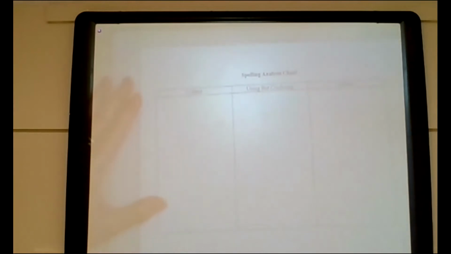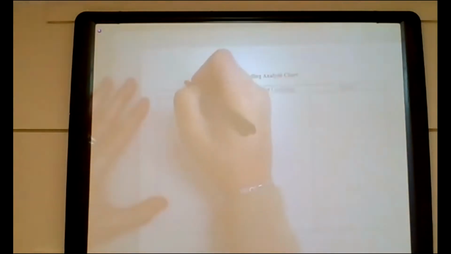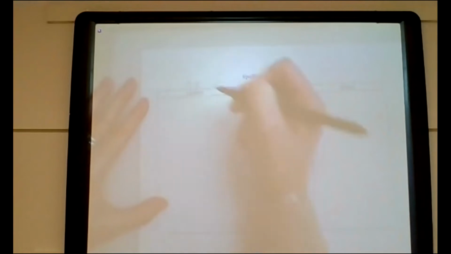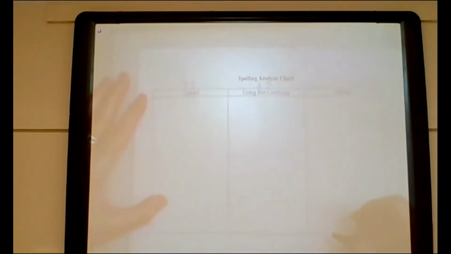In general, we use as a guide the feature scores that are 4 to 5 as what's correct, 2 to 3 as what's using but confusing, and 0 to 1 as absent.